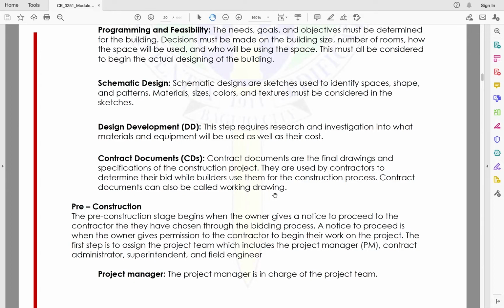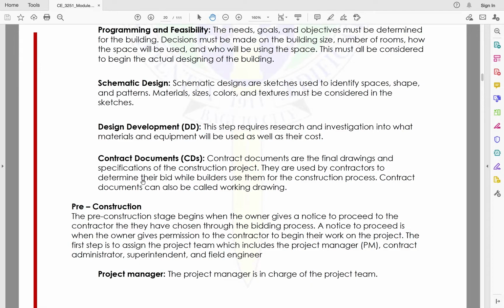These are already signed, approved documents, so the specifications for the construction are there. The contractors use these to determine their bid because the pricing is already there. Bill of materials and cost estimates are part of the contract documents.